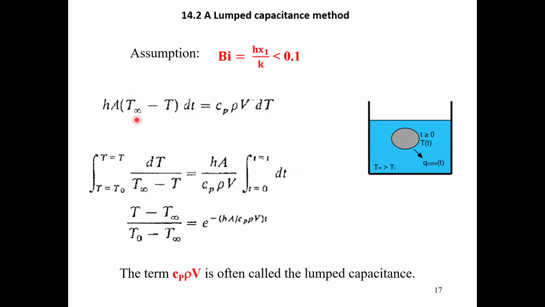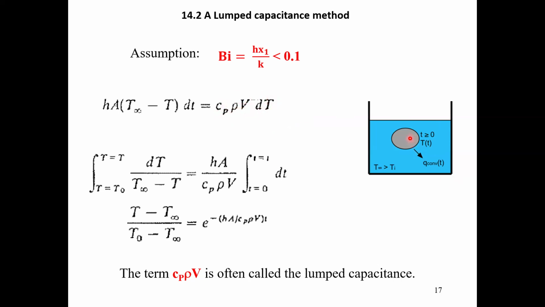Then you get the energy that was transferred, and that energy would be equal to the energy this material would release when its temperature changes by a small dT, which would be equal to cp rho V. So basically you get this from m cp delta T, where m is nothing but rho V, right?